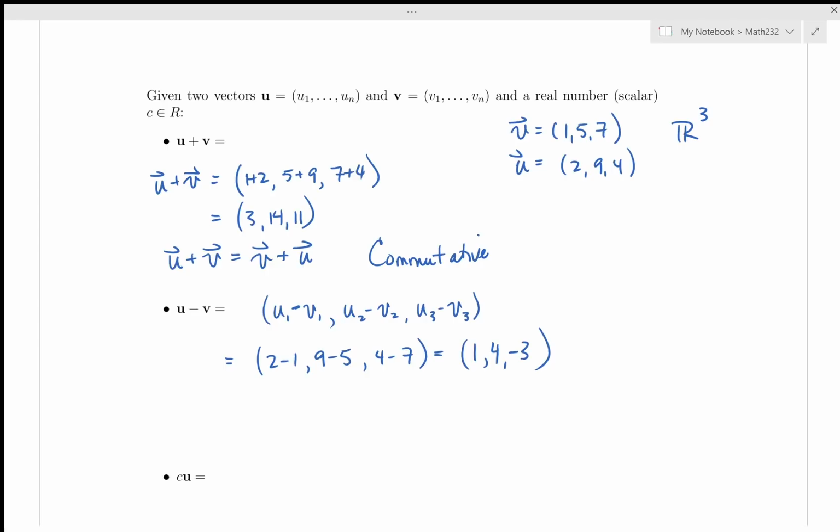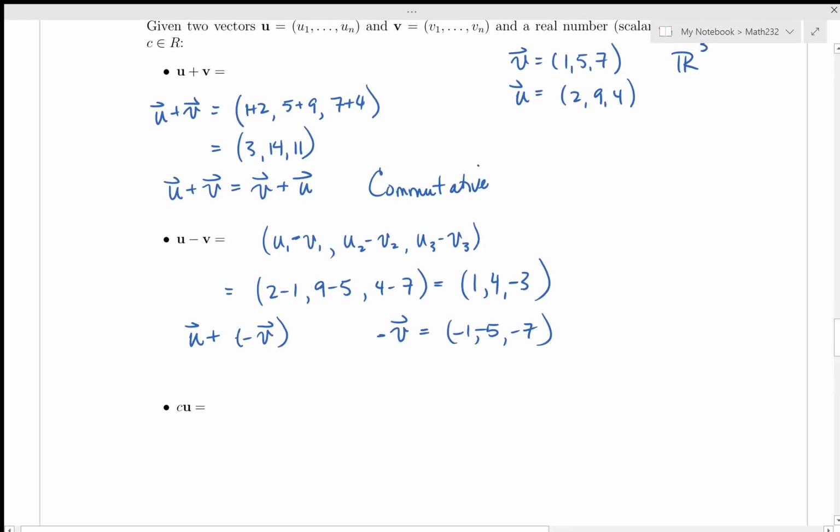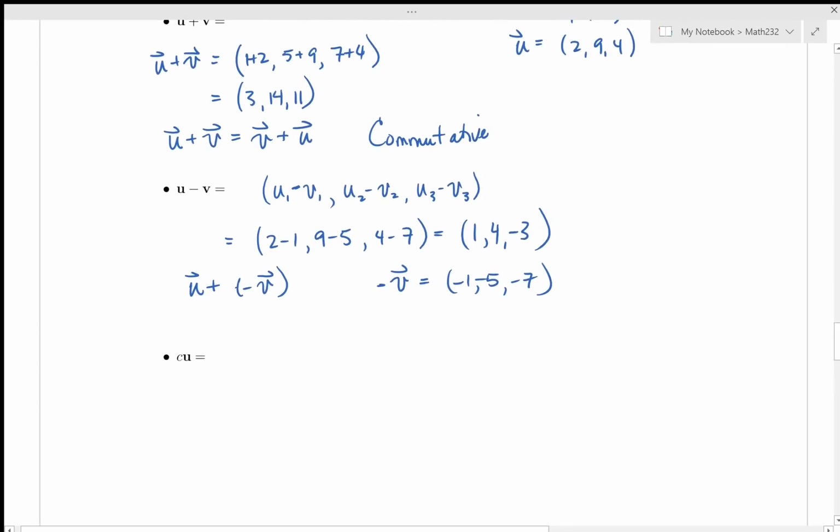I could also think of this as u plus minus v, forming minus v as minus 1, minus 5, and minus 7, and then simply adding. Either way is fine. So that is addition and subtraction done algebraically, not geometrically like we did earlier.